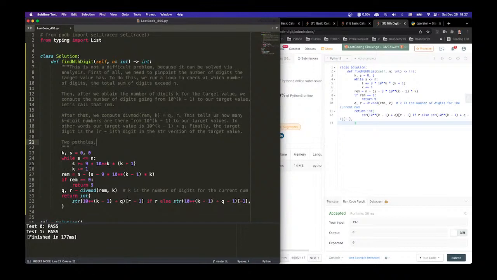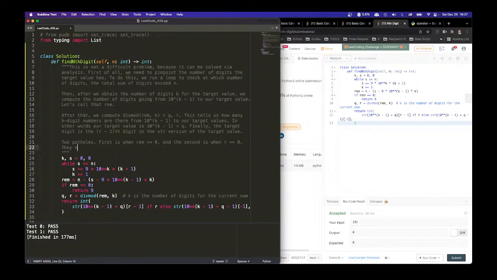Now two potholes. First is when rem equals 0, and the second is when r equals 0. They need to be treated separately.